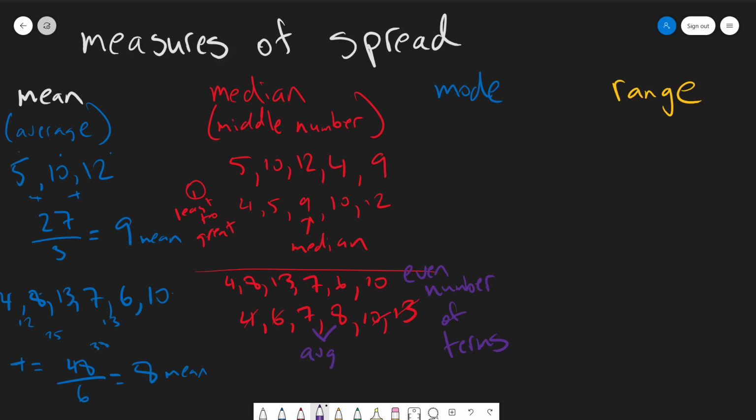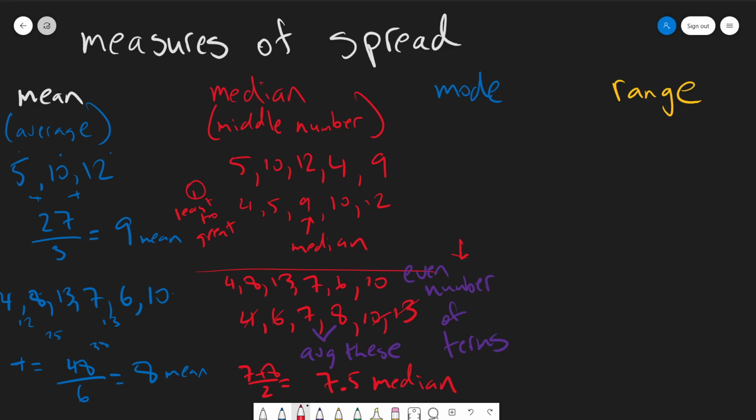We're going to average these. So what's halfway between 7 and 8? Well, 7 plus 8 divided by 2 is 15 divided by 2, which is 7.5. So you could have a median that is not a whole number. And when could you have that? When you have an even number of terms.